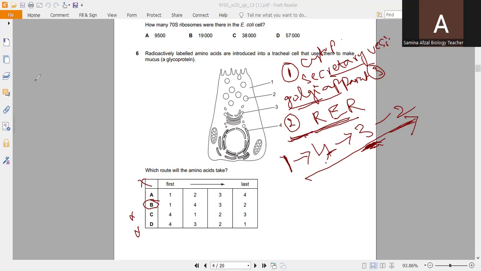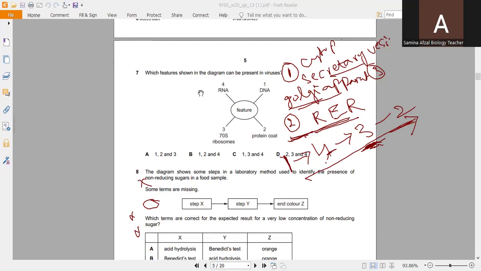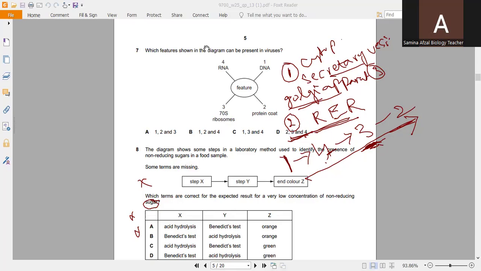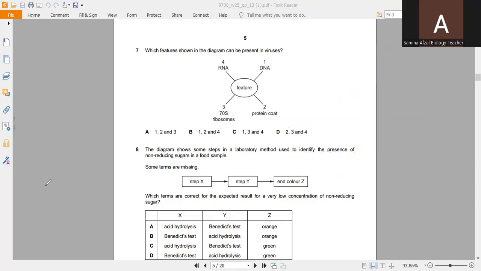Now the next question is question number 7. Which features shown in the diagram can be present in viruses?